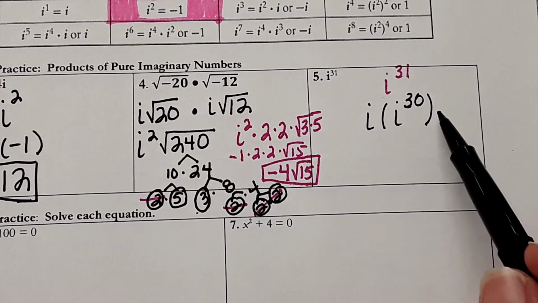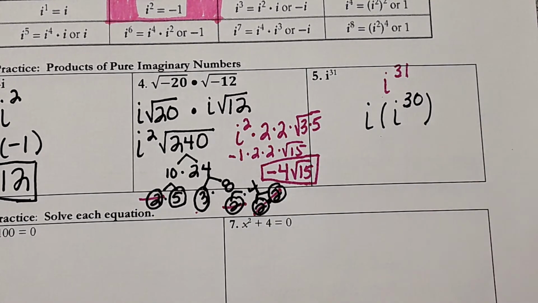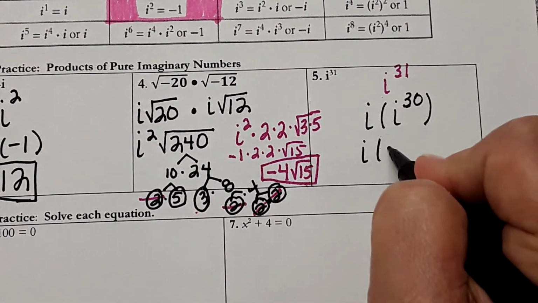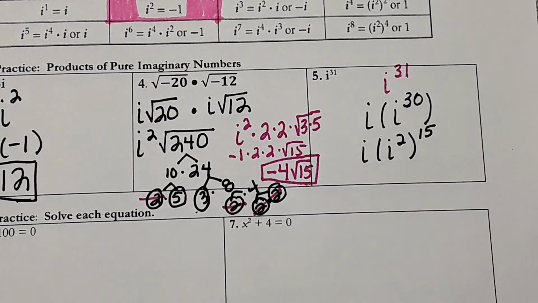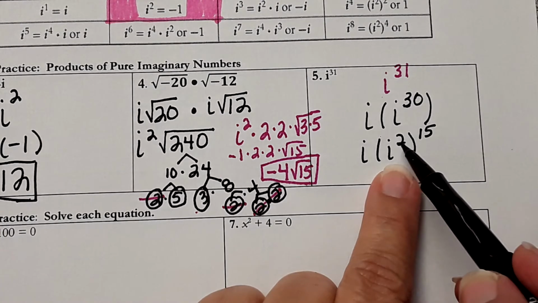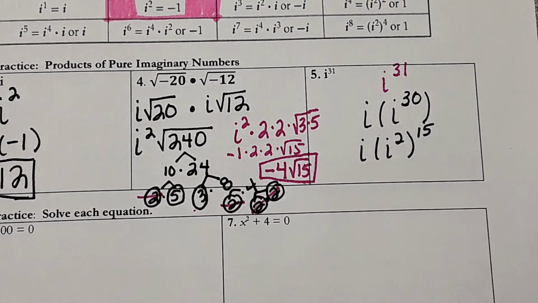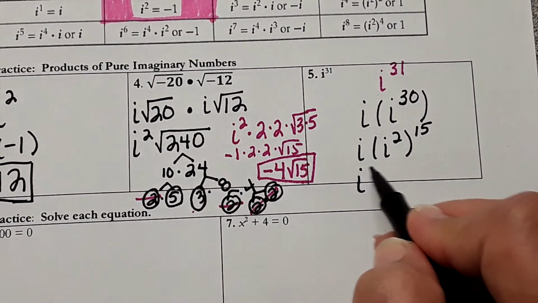Well, I still don't know. Well, you can ask this. How many 2's are in 30? 15. So we're going to break the 30 up into 15. Do you remember our power of a power exponent law, that we can multiply exponents, like 2 times 15 is 30? Then I have i.